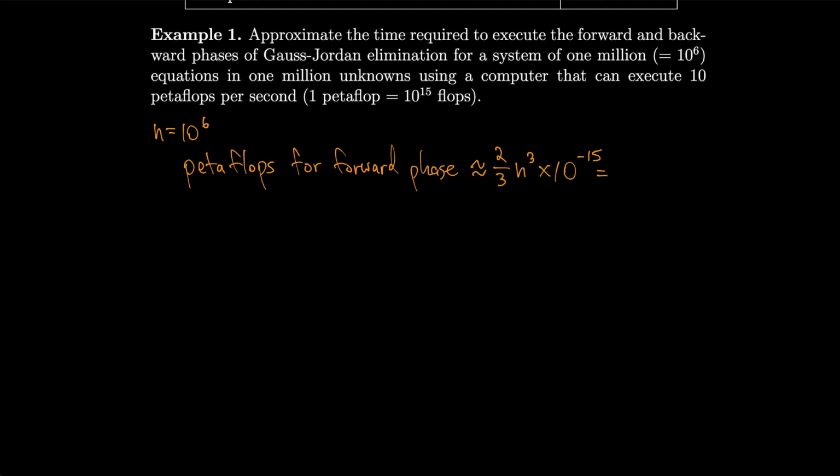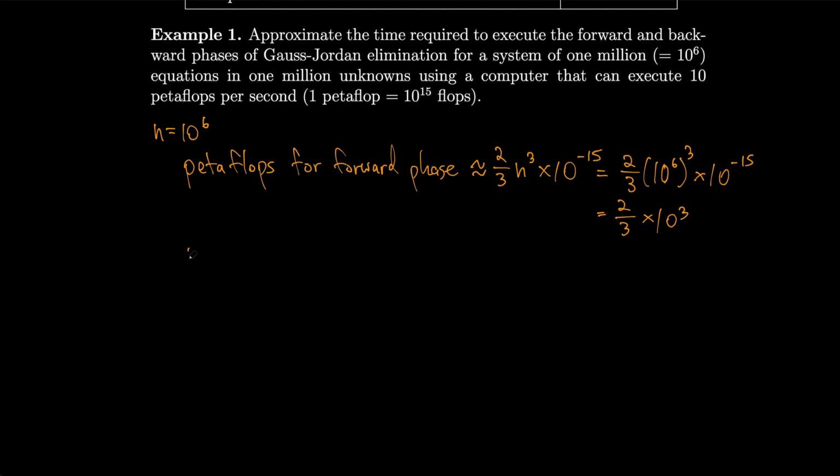That is equal to 2/3 times 10 to the 6 cubed times 10 to the minus 15th, which equals 2/3 times 10 to the 3rd. So that's the petaflops required for the forward phase.